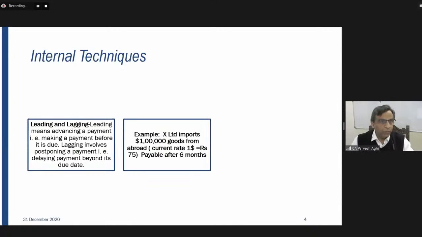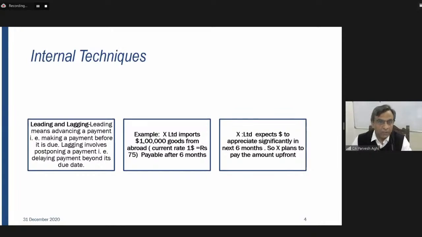So let's understand. For example, X Limited imports $1 lakh goods from abroad. Now the current rate is rupees 75 per dollar. Now the money is payable after 6 months.